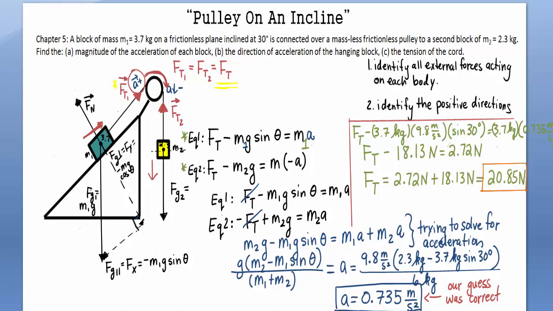So this is part C. This is part B, when I explained about this block coming up the incline and this going down. And the magnitude of the acceleration, that would be part A.